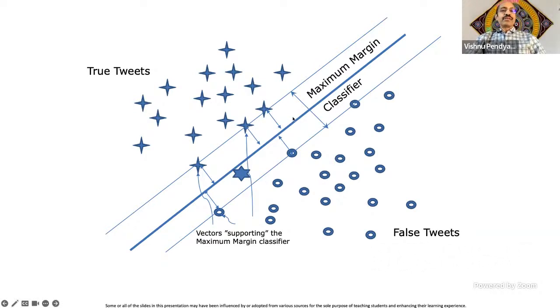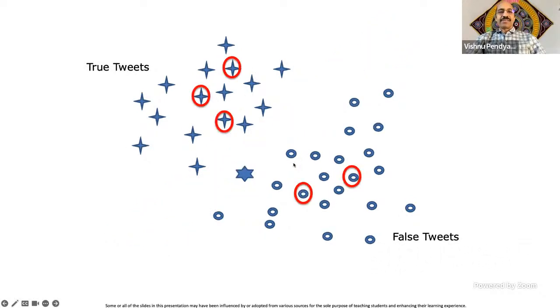So the idea is to come up with the maximum margin separating the two classes, and the decision boundary divides the margin into two equal halves, and the vectors falling on the margins are the support vectors. Now, an interesting finding is, do the points circled in red impact the classification of a new data item?